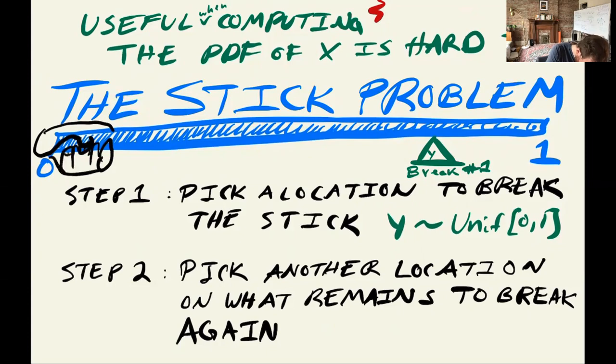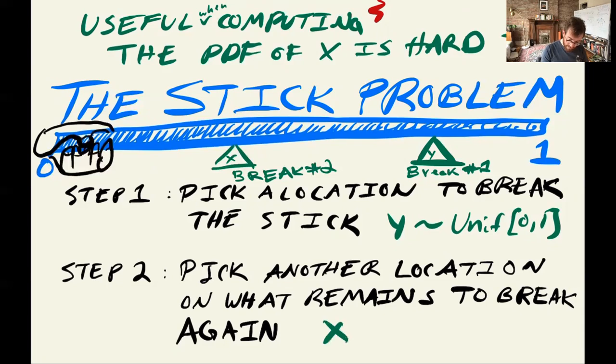So I'm holding my stick. I pick one location to break it, and then I pick a second location somewhere in what's left. This is X. That's going to be break number 2. Now the question is going to be something like, what's the expected length of the stick that I have left in my hand after I break it twice?